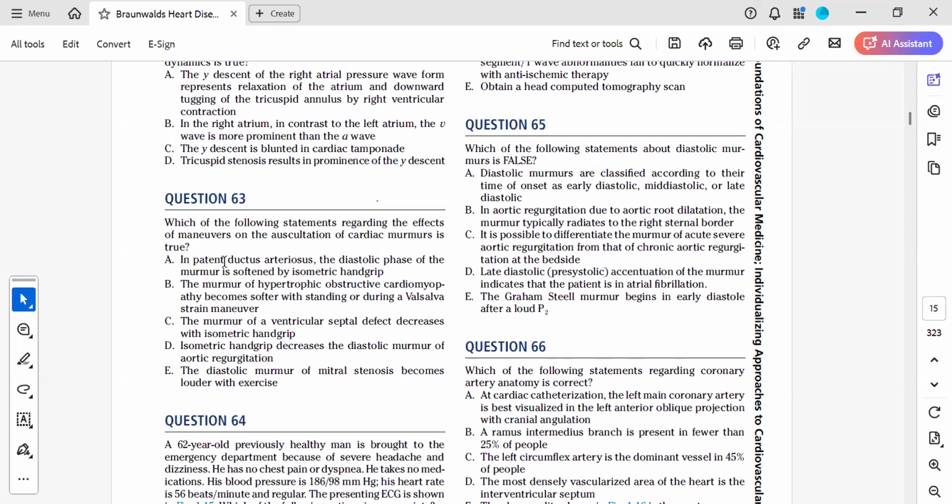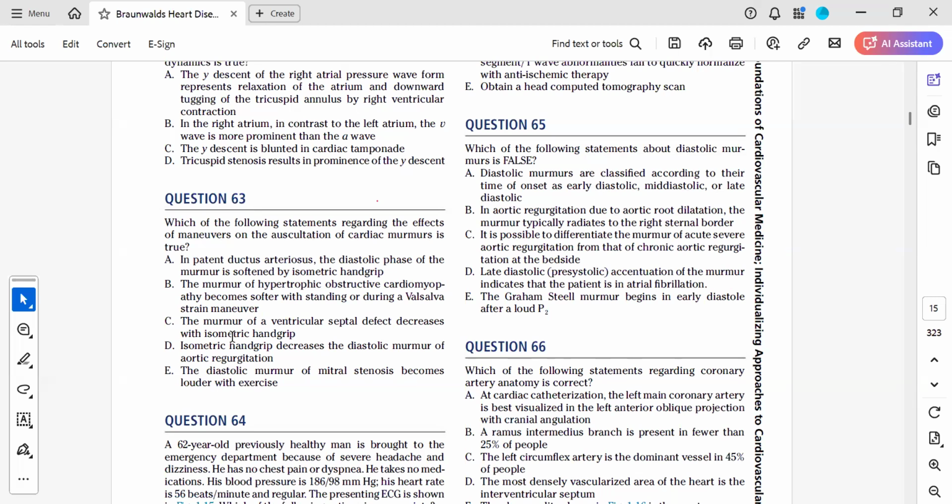So we expect a continuous murmur in patent ductus arteriosus. Why? Because in both systole and diastole, the aortic pressure is usually higher than the pulmonary artery pressure.